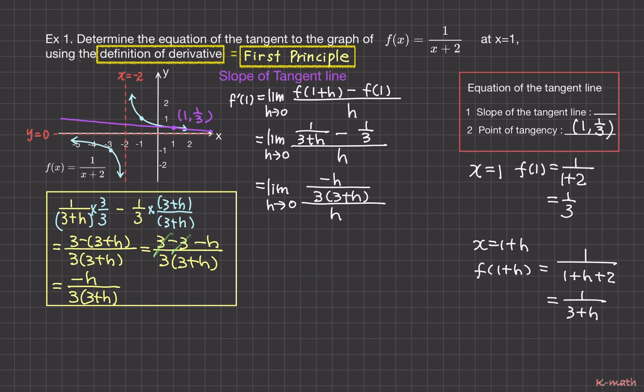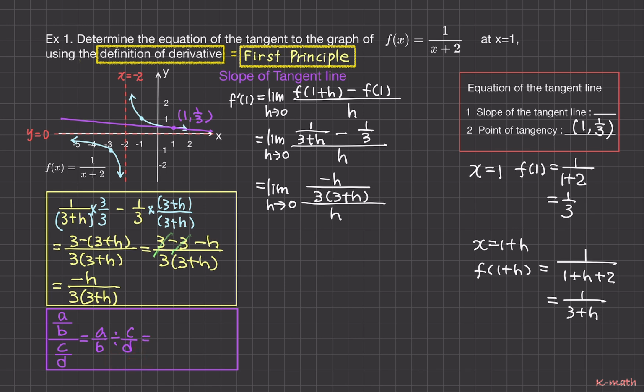To do that, let's think about this expression. a over b, over c over d, which is the same as a over b divided by c over d. When you see division, you just change it to multiplication and flip the second fraction.